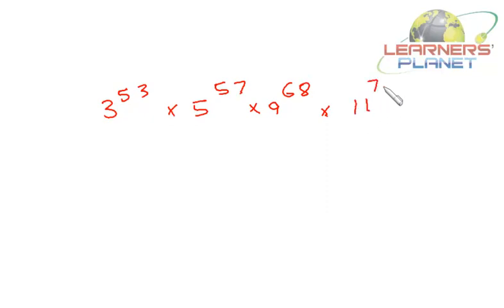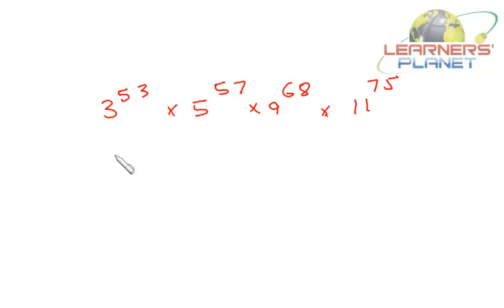Now let's take one more problem. 3 raised to 53 into 5 raised to 57 into 9 raised to 68 into maybe 11 raised to 75. Now this problem looks very tedious, very big, but you just have to make one observation over here: any odd number, if it is multiplied by 5, will always produce a 5 at the units place.